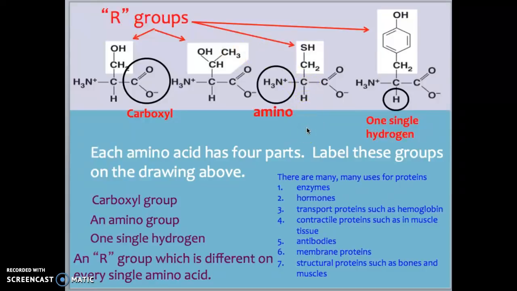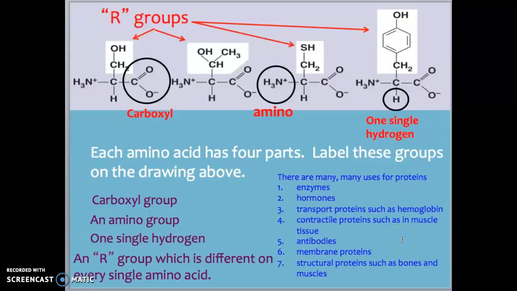There are many, many different functions of proteins in your body. The enzymes that catalyze your chemical reactions. Enzymes are just a special class of proteins. The hormones, which as a teenager you're probably pretty familiar with and how they work in your body. Hormones are all proteins. You have proteins in your body that attach onto other things and transport them in the body, such as hemoglobin that's found in your red blood cells that carries oxygen. That is a protein.